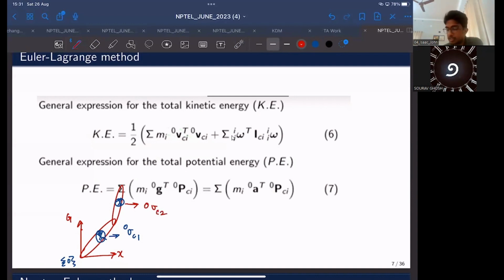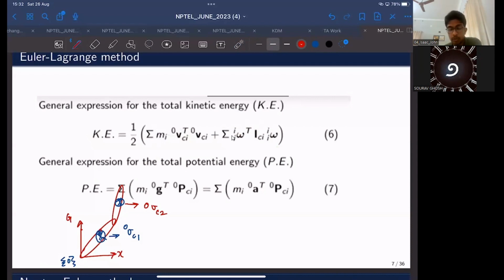Since there are two such bodies, we have to take the summation of the individual kinetic energies of all such links. That is where the summation comes in. We also have one more term, the rotational kinetic energy, omega transpose I_Ci omega, where I_Ci is the inertia tensor of a rigid body with respect to a frame attached at the center of mass.